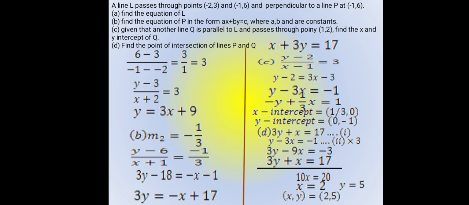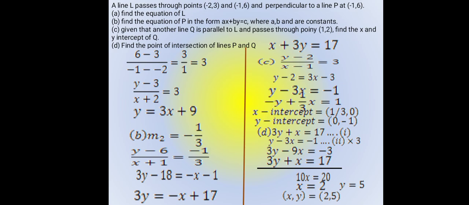So the gradient of the first line is 3. Now, having found the gradient, we equate any of those coordinates (-2, 3) or (-1, 6) with the x and y to the gradient 3, and then we solve. We found that our line is y equals 3x plus 9.